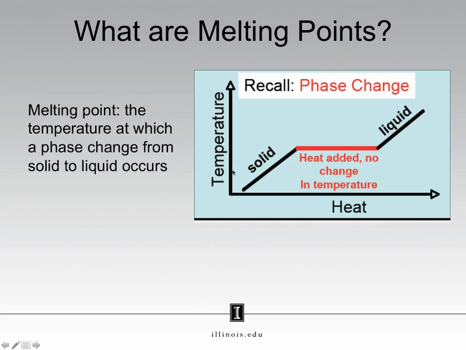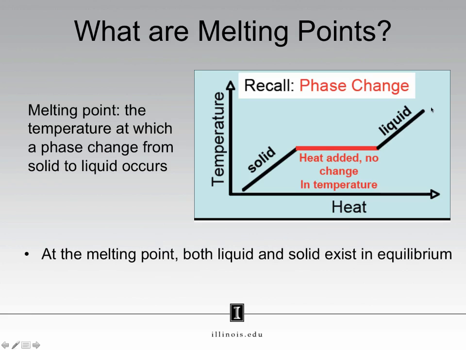We start here in the bottom left with a solid at some temperature. As we add heat to it, the temperature of that solid increases. This continues until we reach the melting point. At the melting point, we continue to add heat, but the temperature does not change. This is because all the energy from the heat is being used to convert the solid into a liquid, until all of our sample has melted, turned into a liquid, at which point the heat can then be used to continue increasing the temperature of the sample.